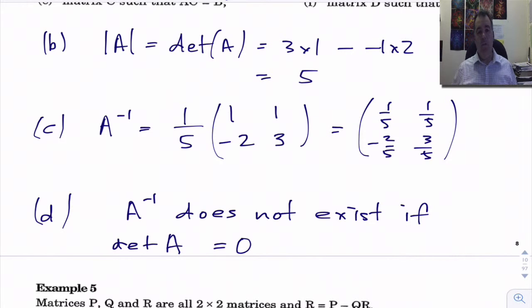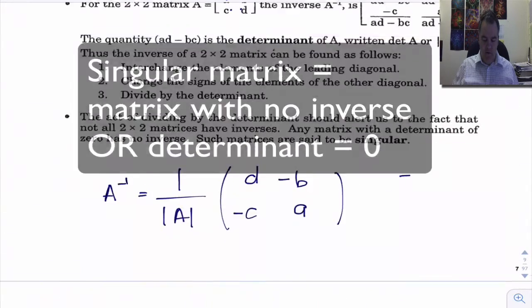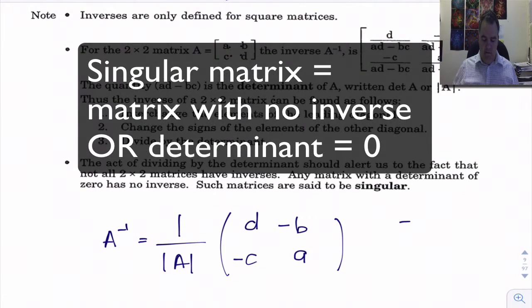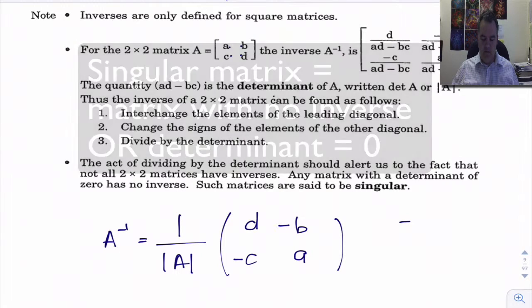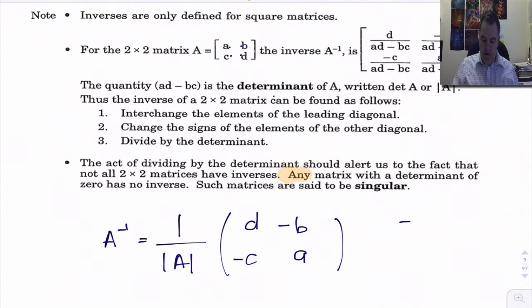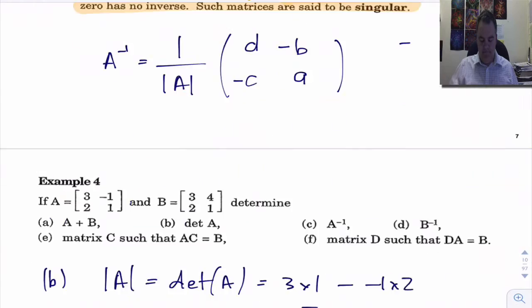We call these matrices singular matrices, matrices that do not have an inverse. Any matrix with a determinant of 0 has no inverse. Such matrices are said to be called singular matrices.